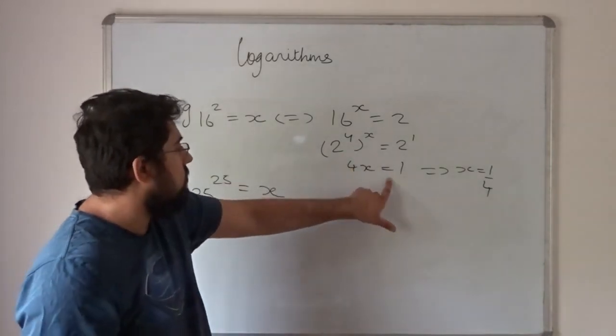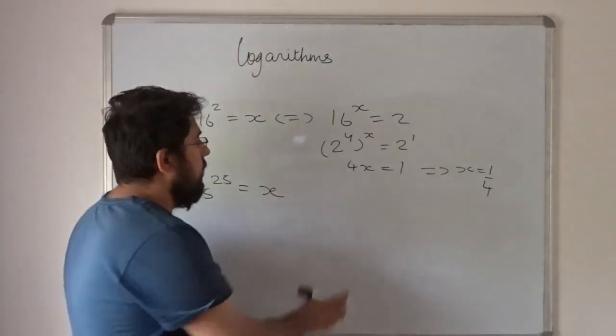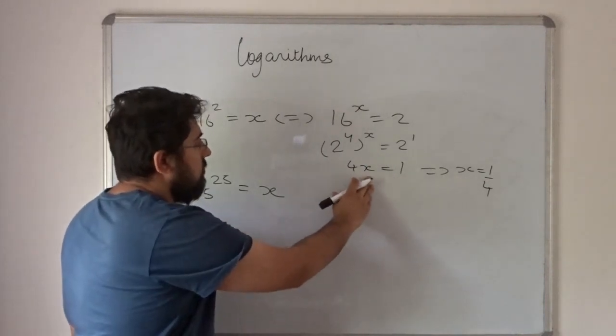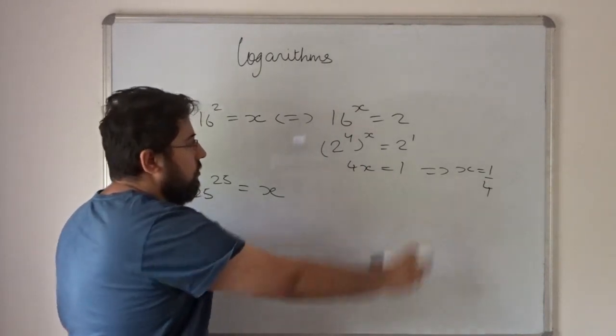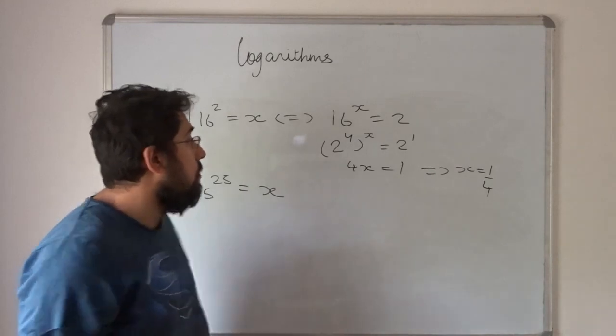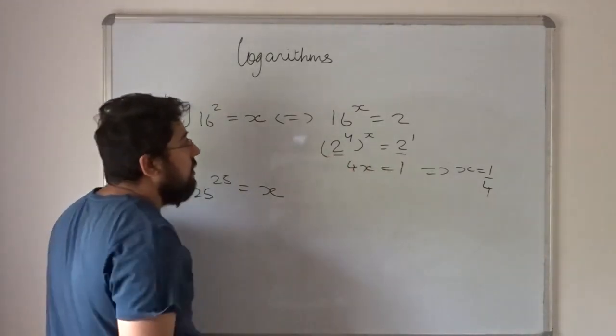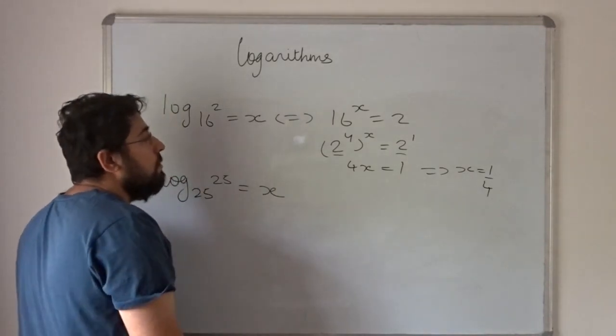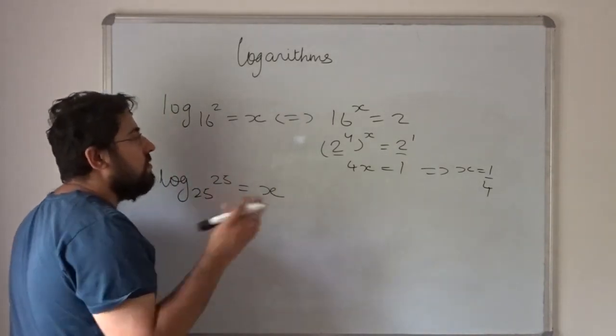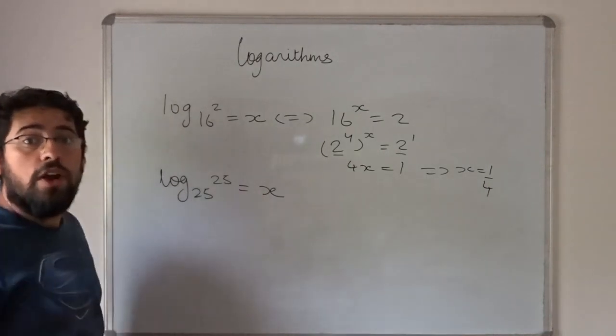That's why it becomes this, okay? And then you have 4x equals 1, and then you divide both sides by 4, and then you get 1 by 4.